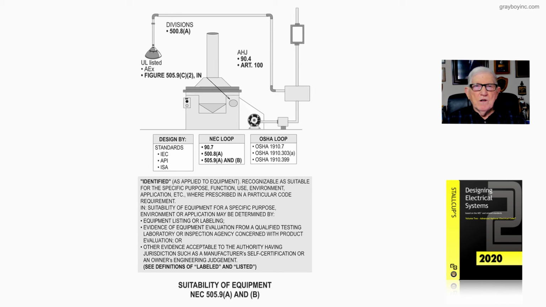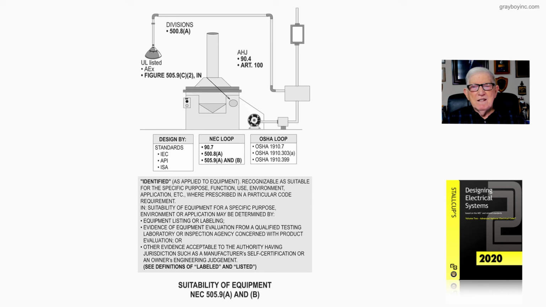Now, the authority having jurisdiction, if they happen to have authority in those plants or those facilities or those production areas, then they would have to accept that engineering judgment. But where not, then the owner's engineering judgment, they can accept equipment that is custom made. And then, of course, the definitions of labeled and listed is in Article 100, Part 1, that you could review.